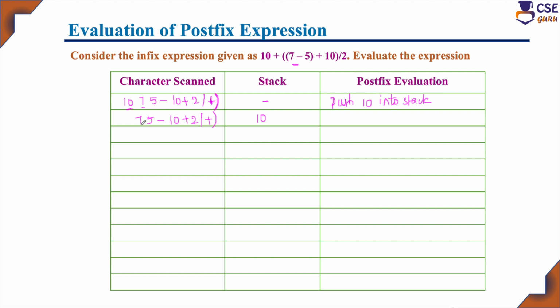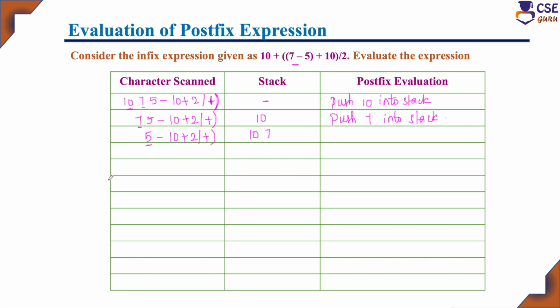The next character is an operand. If it is an operand, push it onto the stack. Push 7 into the stack. Now 10 will be at the bottom and at the top element 7 will be there. The remaining input characters are 5 minus 10 plus 2 division plus closed parenthesis.